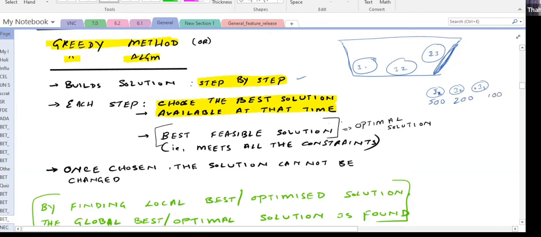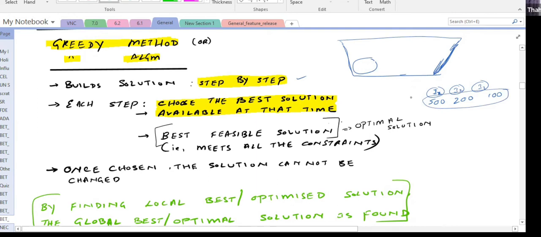Suppose you had 3 items in front of you while filling up this trolley. When you were in step 1, none of this was there. A greedy algorithm, at every step, that means while I'm still building step 1, at that time itself, I will be greedy. I will choose which one of these possible options is best for me.